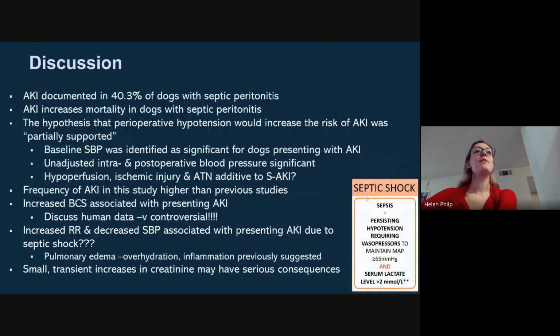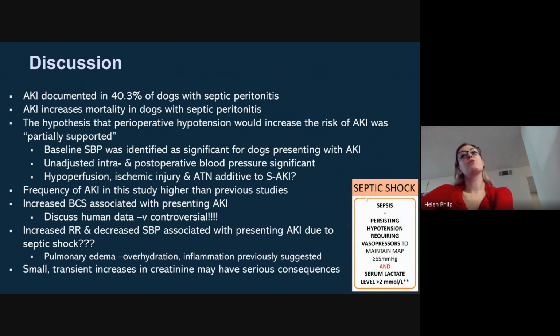And in terms of the discussion, again, they report their major results. So AKI documented in 40% of dogs with septic peritonitis undergoing surgery, and certainly an increased mortality in those dogs with AKI.